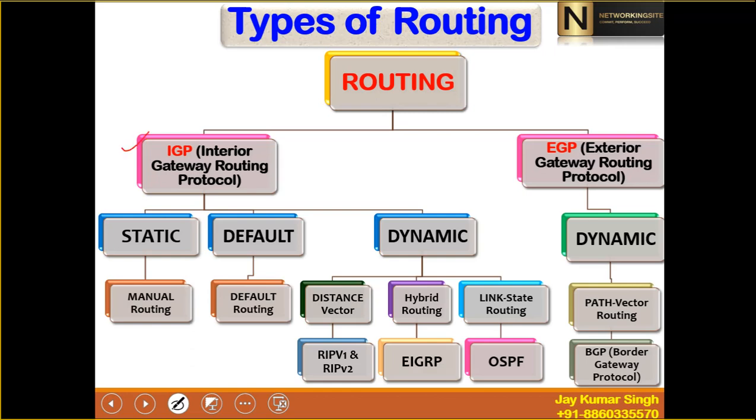As we know, we have two types of routing: interior gateway protocol and exterior gateway protocol. First of all, we are going to work with interior gateway protocols, which are static routing, default routing, and dynamic routing.